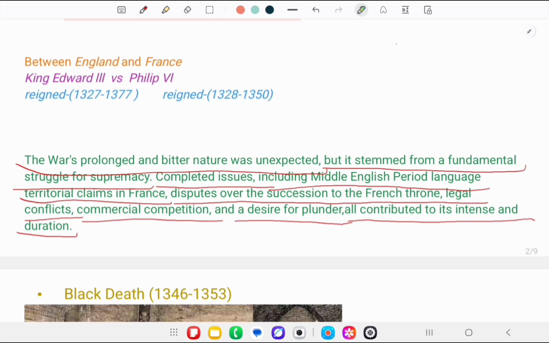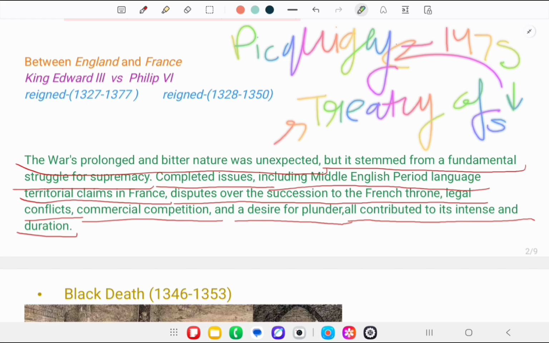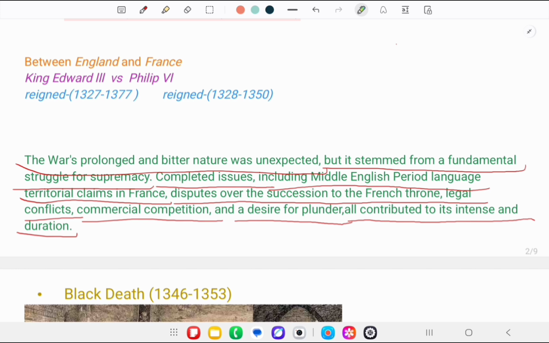At length, various treaties like the Treaty of Picquigny in 1475 were signed, and political developments concerning the throne of France were made to announce peace and harmony between England and France.